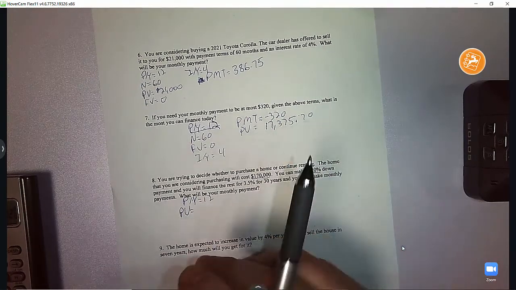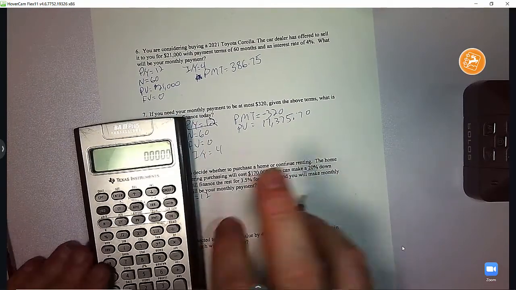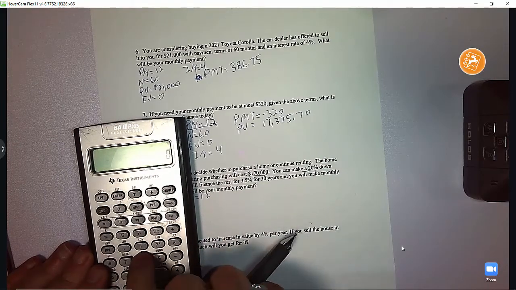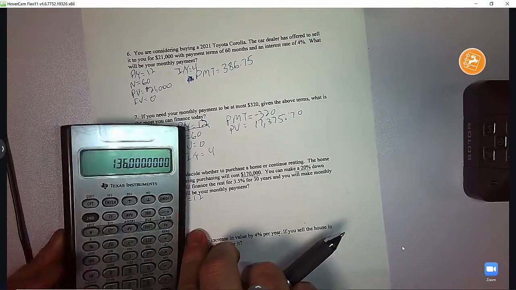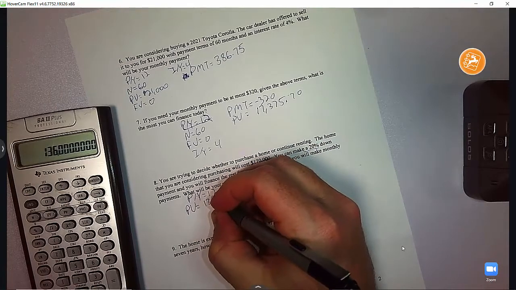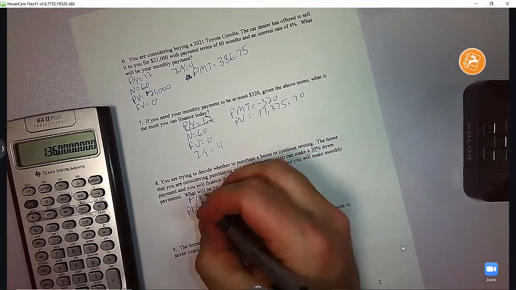It'll give me the same answer. So that's what I'll do here. I'm going to take 170,000 multiplied by 0.8, because this is the amount I need to finance, is 136,000. And I'm making a $34,000 down payment.